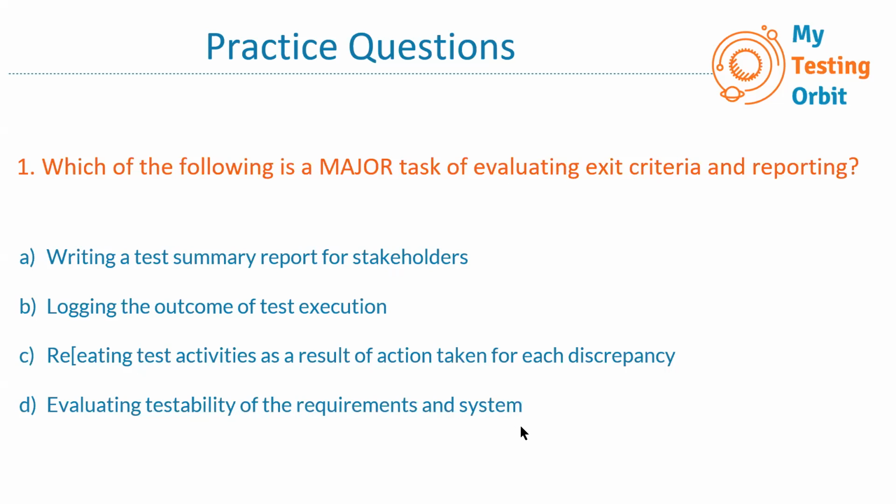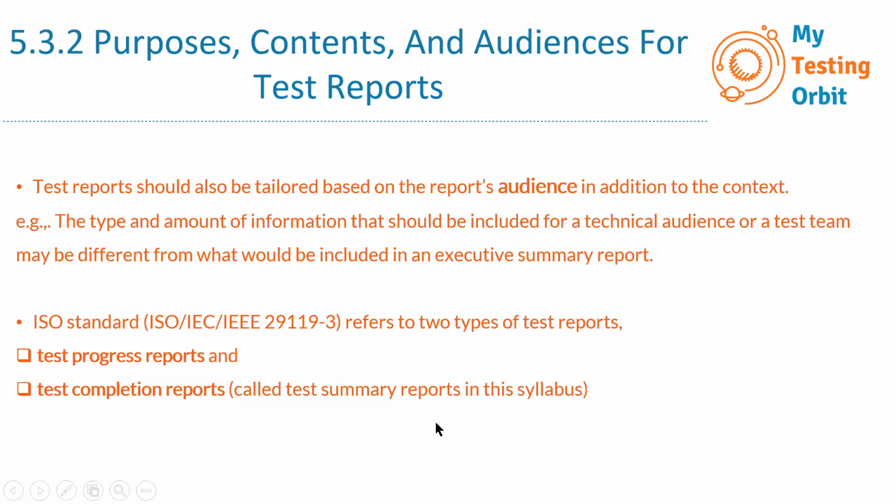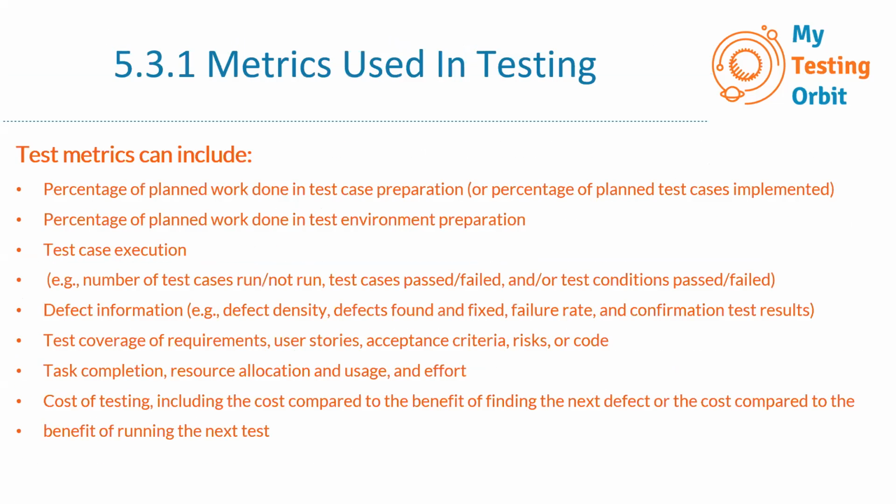No, so this one can be in the beginning, because when we have the requirements, at that time we evaluate the testability of the requirements. I think we also covered it somewhere in the slide. Let me just go through it quickly so that I can show you.